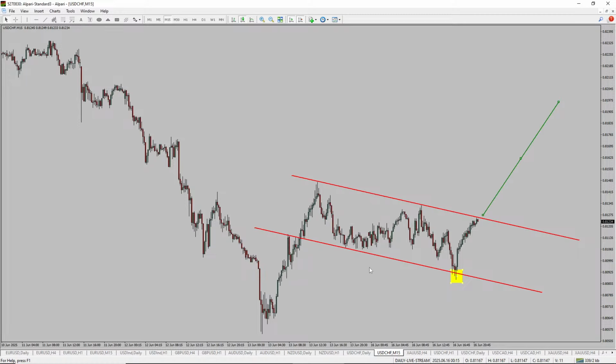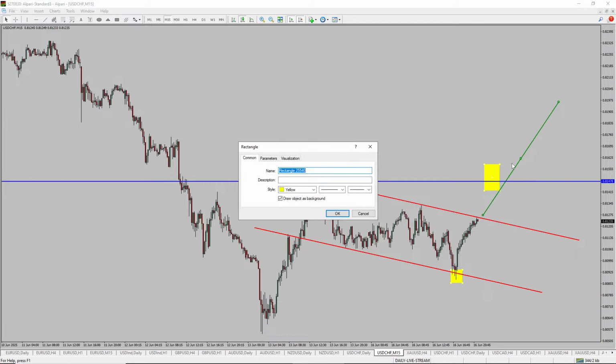Now as far as the trading is concerned, obviously you need a trading strategy to open a trade. This is just the forecast. So what I would do is I would prefer to wait for the market to break above the trend channel, and also break above 0.8147 level.